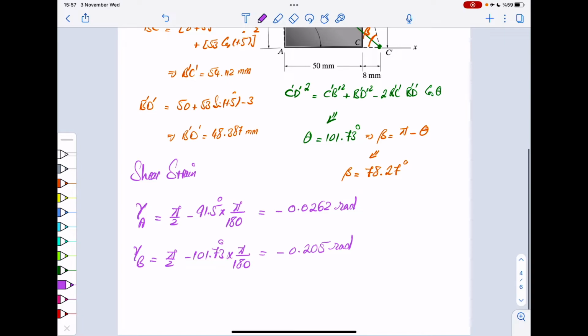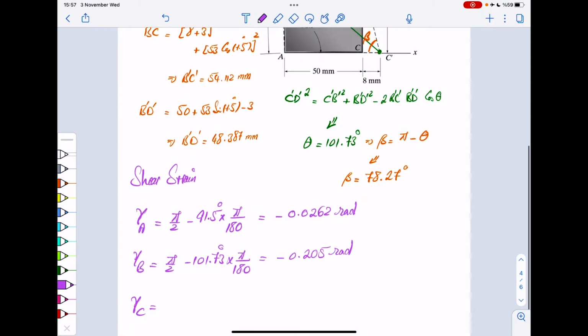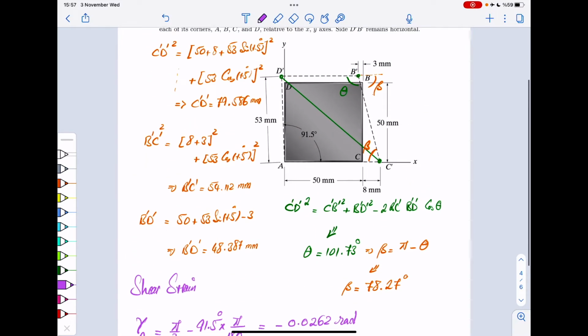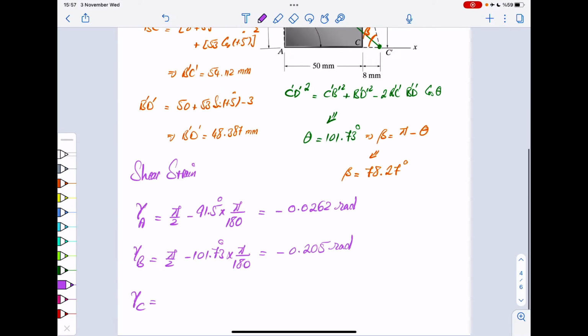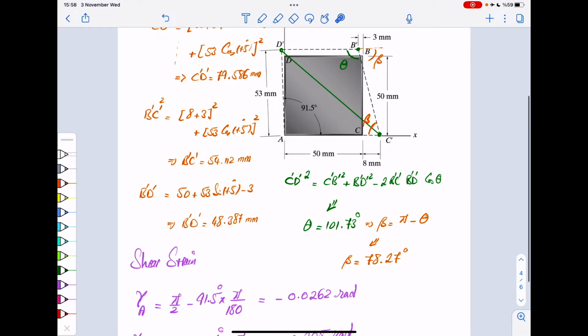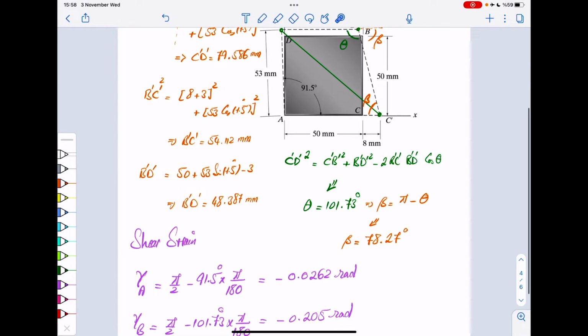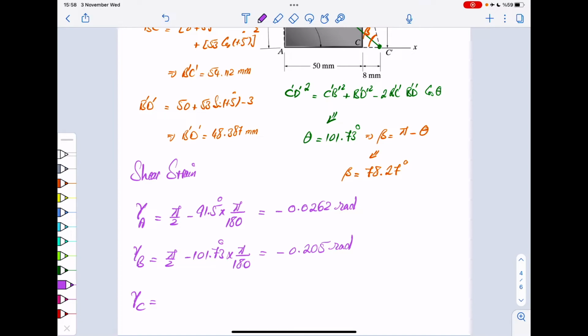Now, what we want to do is to compute gamma C and D. Gamma C, if we use the same calculation, like this XY approach, it's gonna work similarly, but with a different sign.